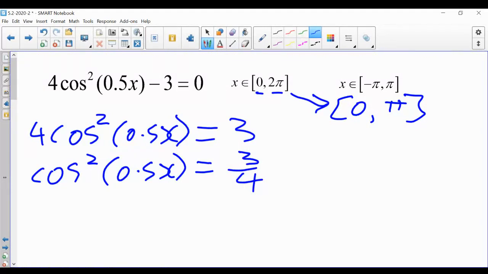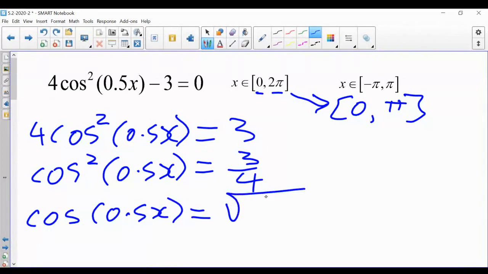We've done this before. Then we're going to take the square root of the two sides. So cosine of 0.5x is equal to the square root of 3 over 4, which is equal to root 3 over 2, but plus and minus. Okay?